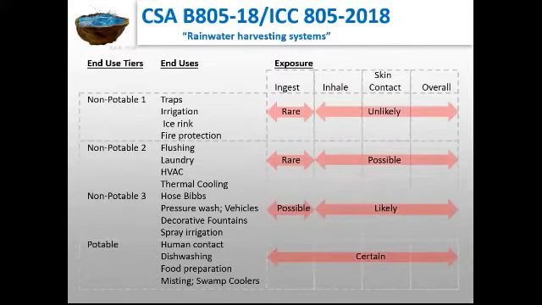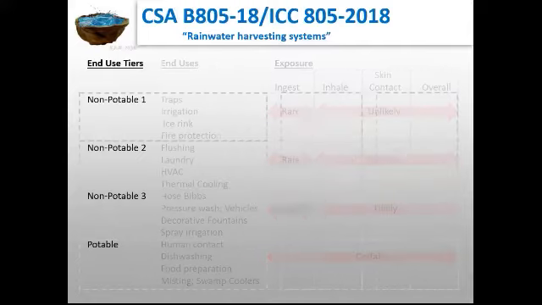And whether it's rare, whether it's unlikely, possible, likely, or certain. And those things are rated in this standard to say, these are the things that we have to determine in working on the design of the system, and especially this applies to systems that are multifamily, systems that are commercial and large size.